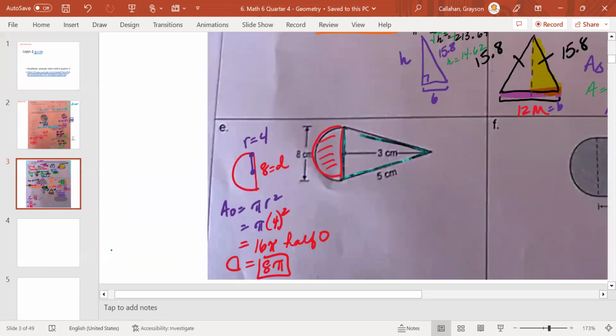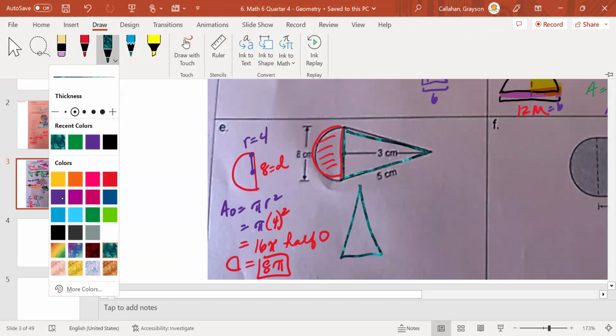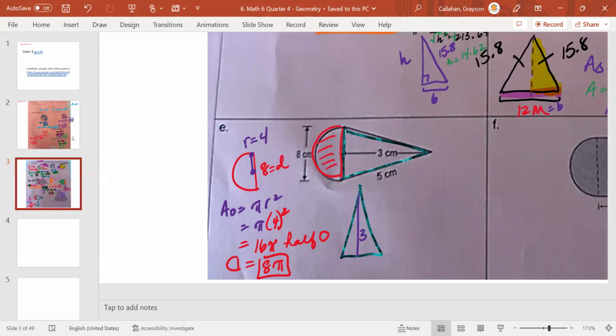Do you see this triangle? I'm gonna rotate this triangle so it's easier to see. So with this triangle, this part is 3, right? This part is 5. What's your area for a triangle? What's your formula?